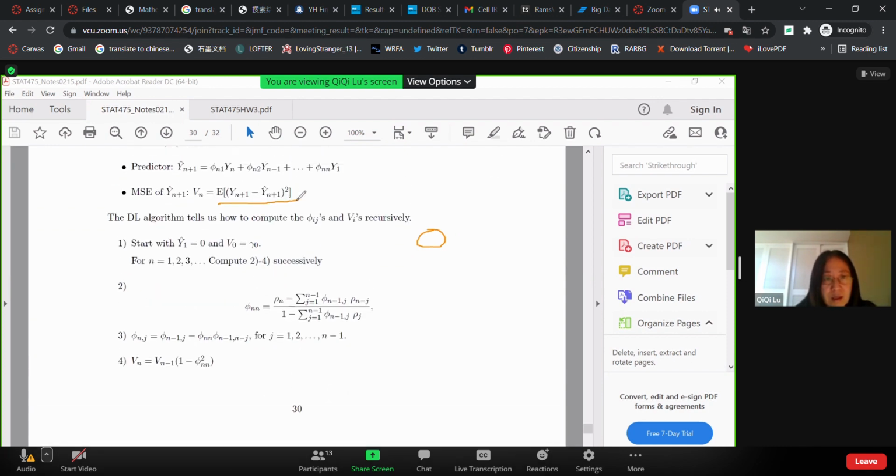I think every time students make a mistake here. To predict Y4, you need to find this, which is y 3 plus 1 hat, the one step ahead forecast. And then to find the MSE, you need V3 here, not V4.